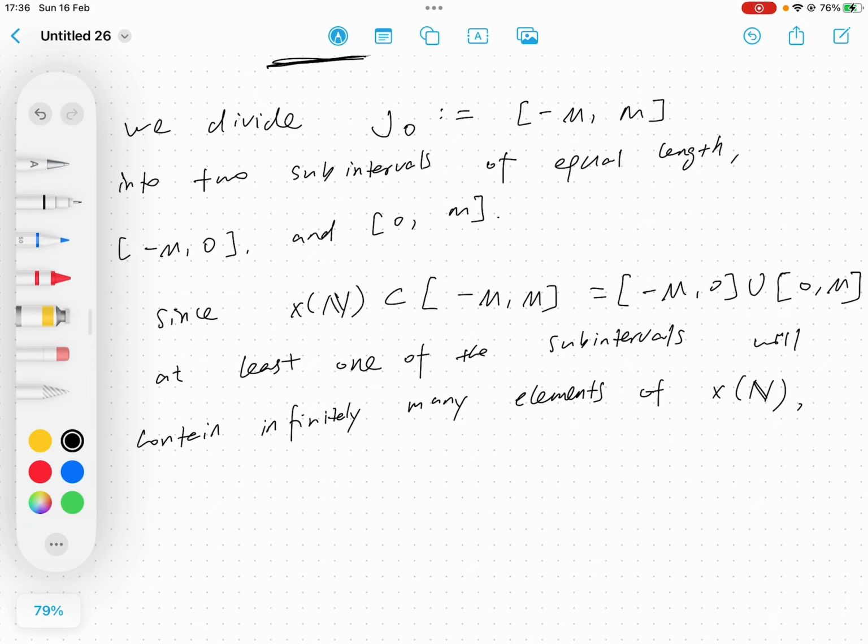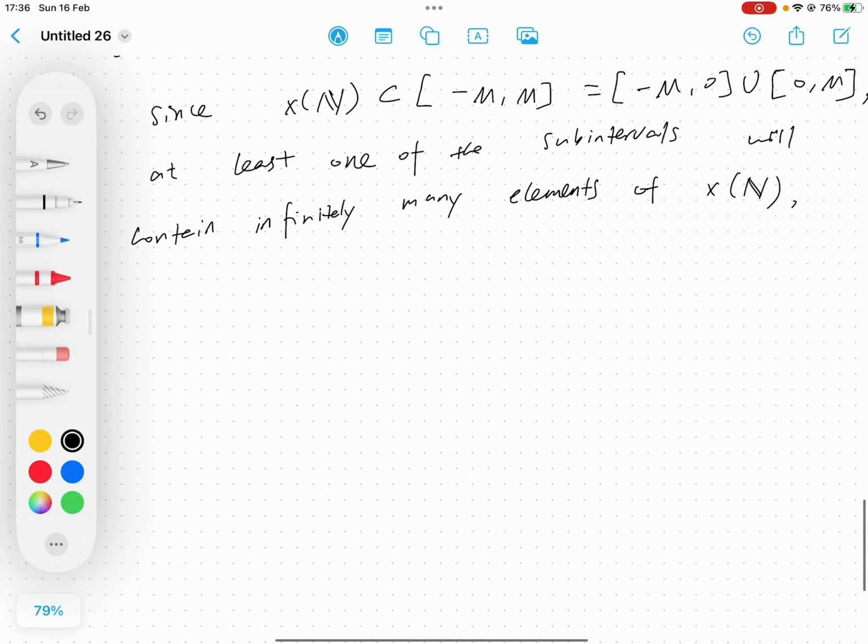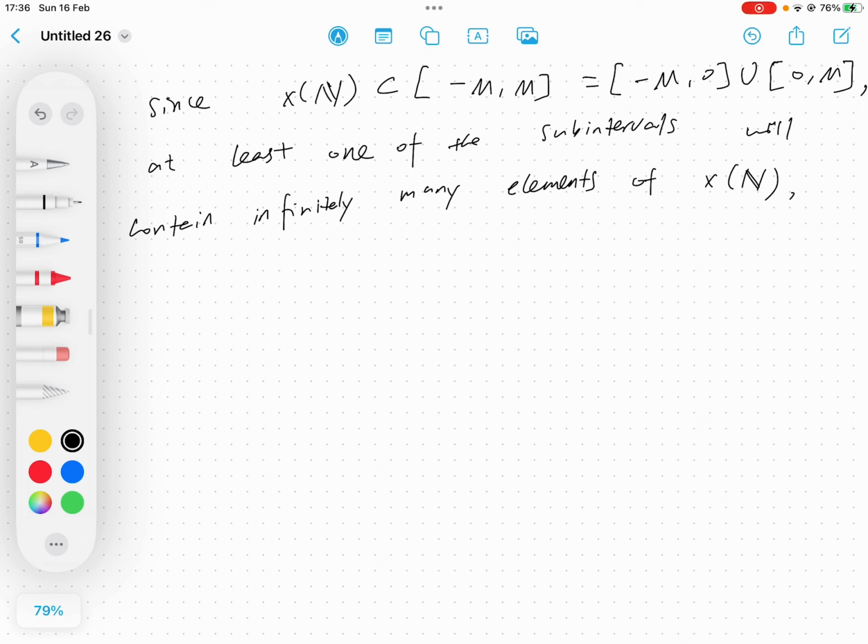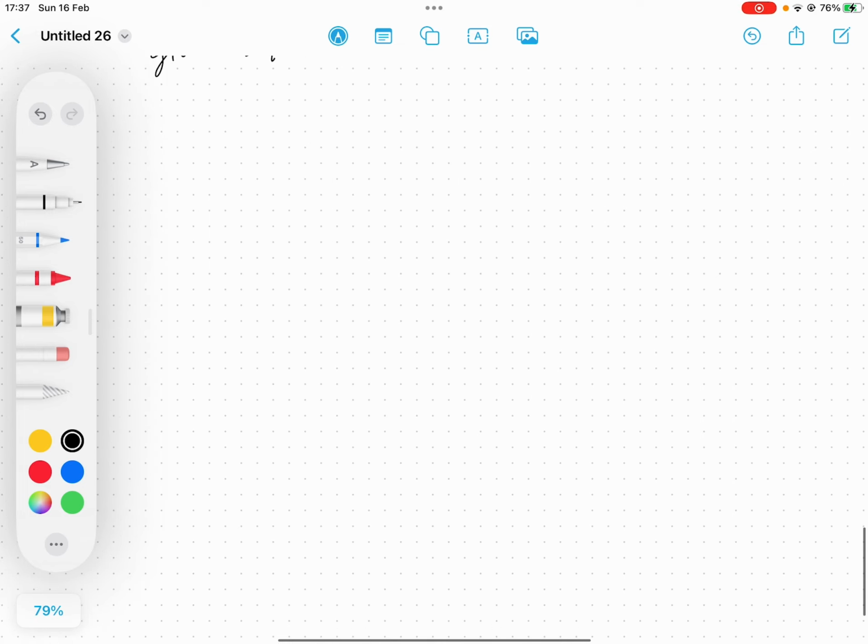So at least some of those subintervals, maybe two of those, but at least one of the subintervals will contain infinitely many of those elements, of those points, of the given sequence. Okay, so that's good.